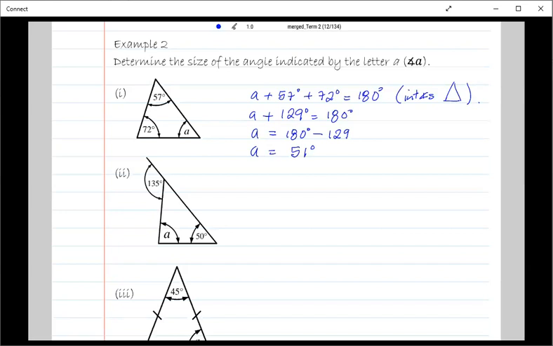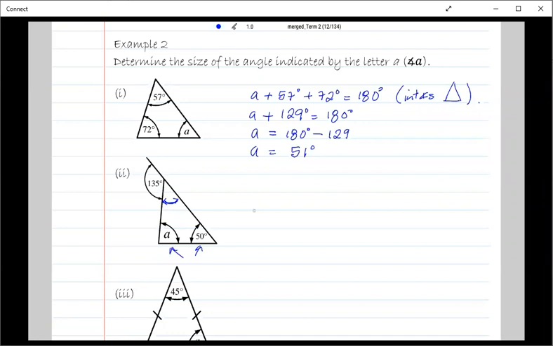That one is easy. In II, 135 is called an external or exterior angle. The angle here would be called the adjacent interior. And these two angles here and here, they are called the opposite interior.